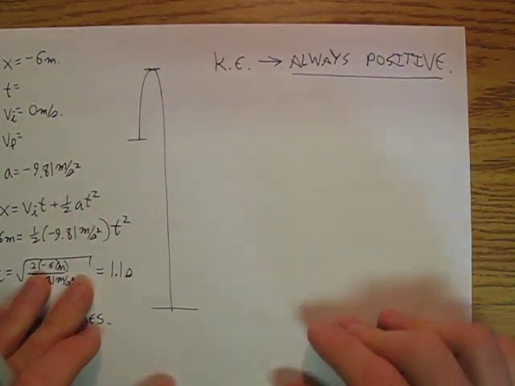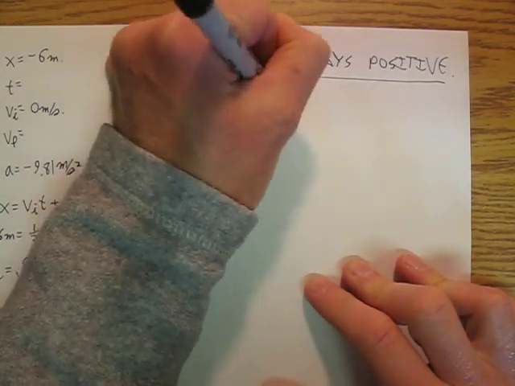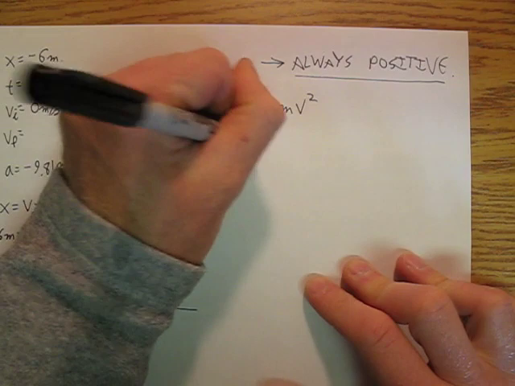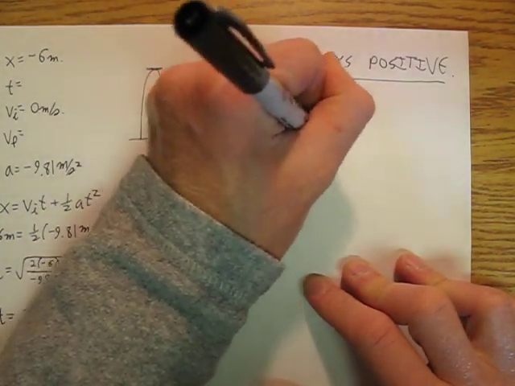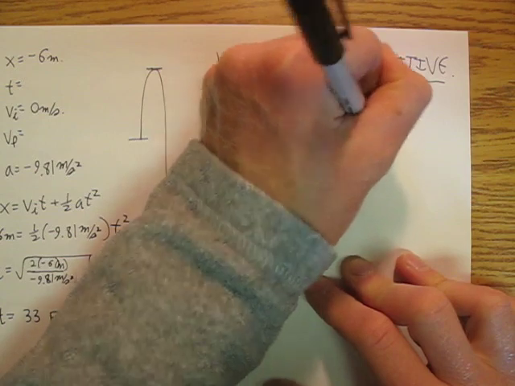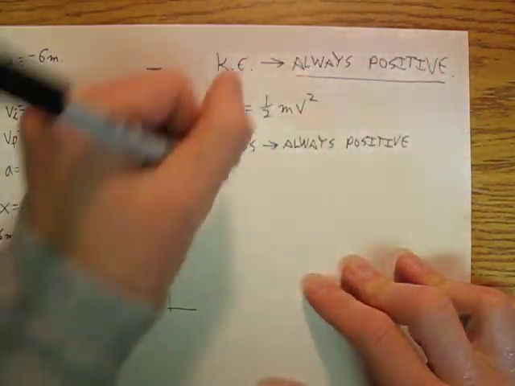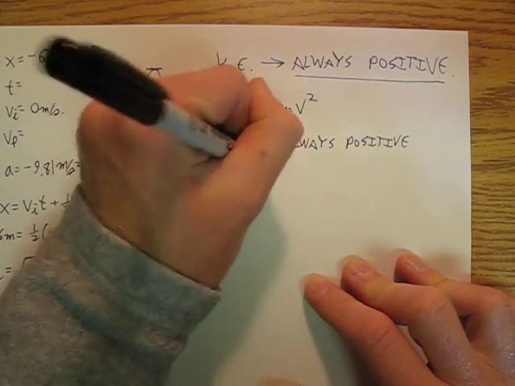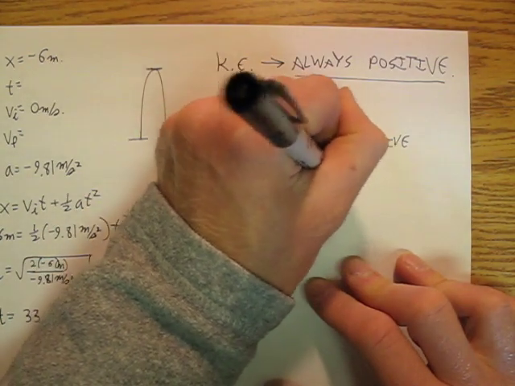Kinetic energy always has to be positive, and if you think about the formula, mass is always positive, and anything squared is always positive.